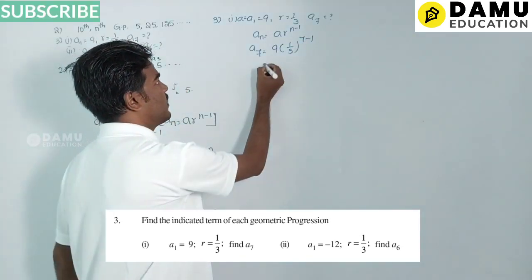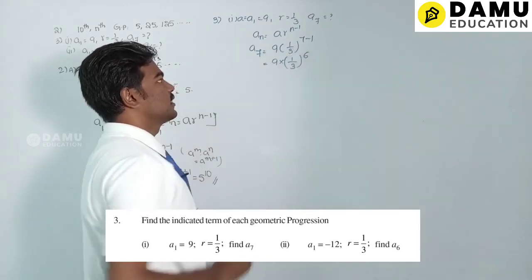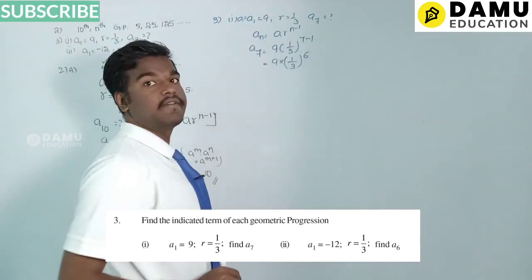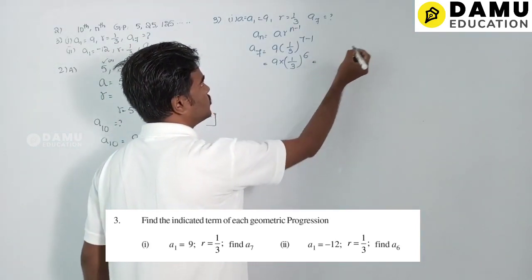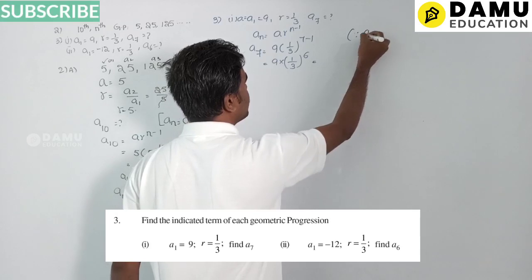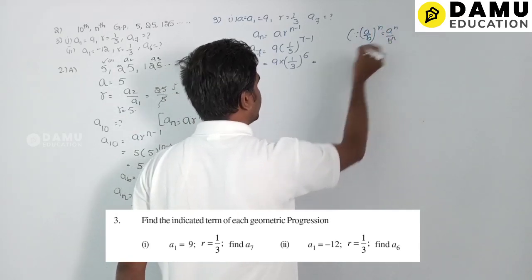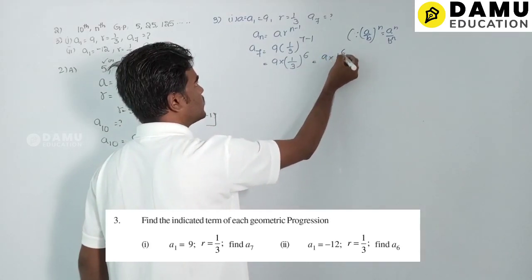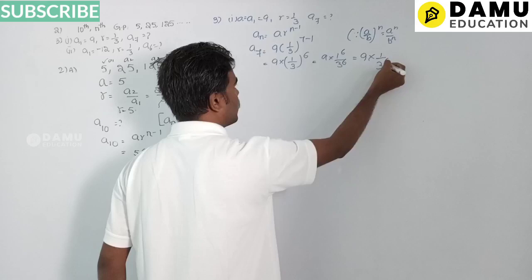So we substitute the value, that is 9 into 1 by 3 whole power 6. Yes, 7 minus 1. What is the formula we are using? A by B whole power n is A power n by B power n. So 9 into 1 power 6 by 3 power 6. So 9 into 1 by 3 power 6.